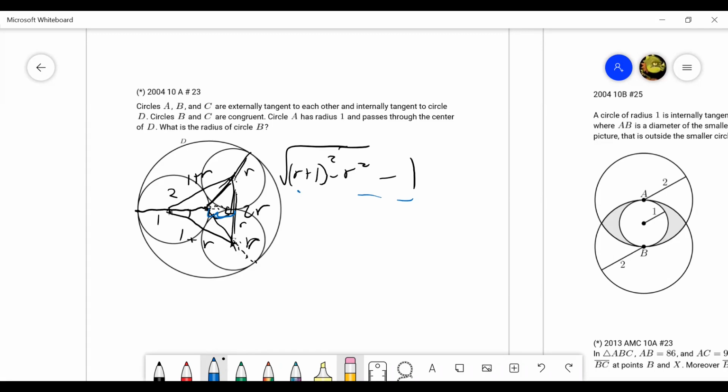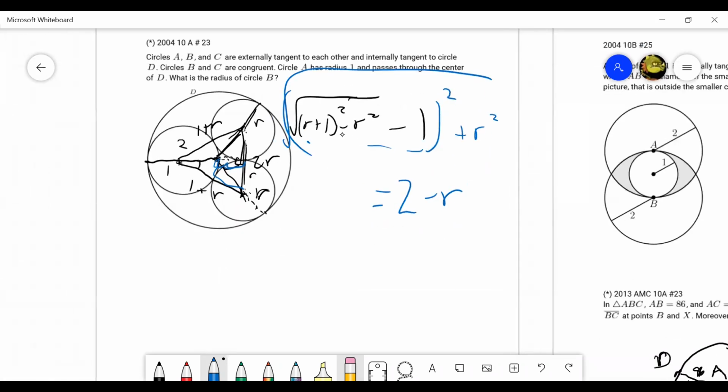And now we need to find this hypotenuse, and that's equal to this thing squared plus r squared. We take the square root of that, and we know that this entire expression is going to be equal to 2 minus r, because this is just the expression for the radius. The radius is 2, and when you subtract r, you just get this hypotenuse.